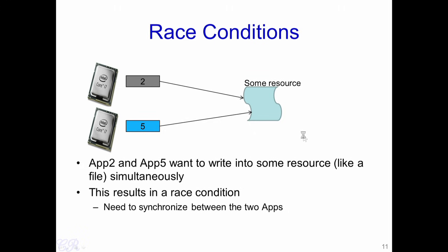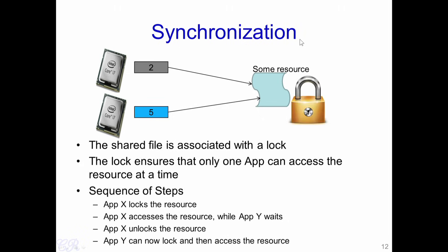Essentially, operating systems solve these problems by using a technique known as synchronization. Now, synchronization you could think of as a kind of lock which is associated with a resource. So, when an application wants to access that resource, it should first get the lock. Essentially, it should first acquire the lock.